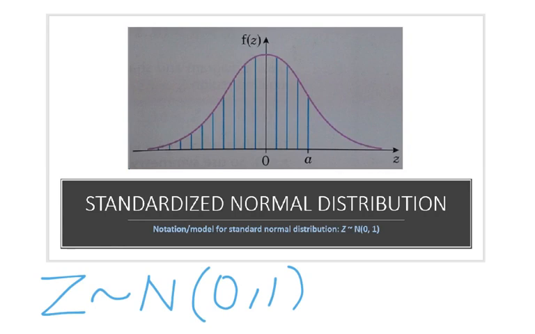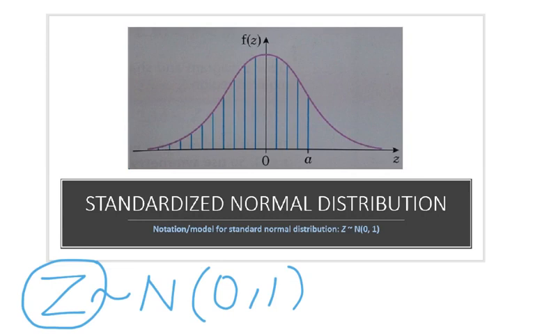Whenever we have Z normally distributed, it's no longer the normal distribution, it is now the standardized normal distribution. So now we are going to use this standardized normal distribution to calculate the probability.